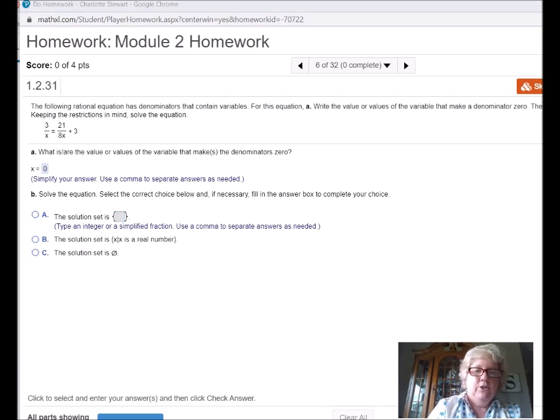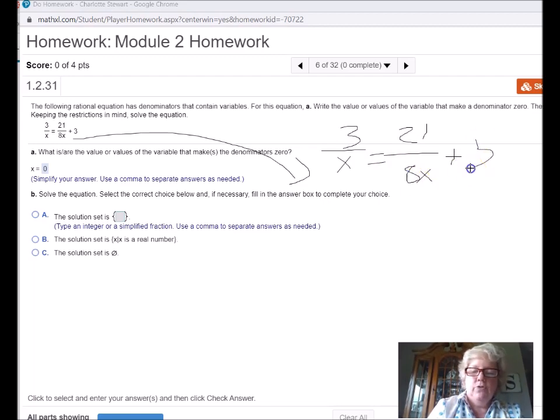So we are going to take our equation, 3 over x equals 21 over 8x plus 3. And we're going to solve that now. To solve a fraction equation, find the least common denominator and use that to cancel out the fraction.